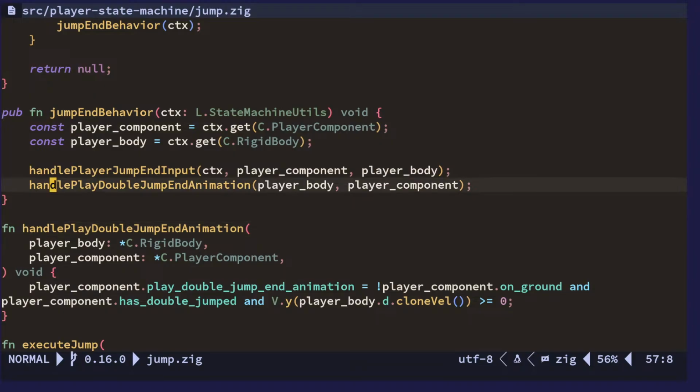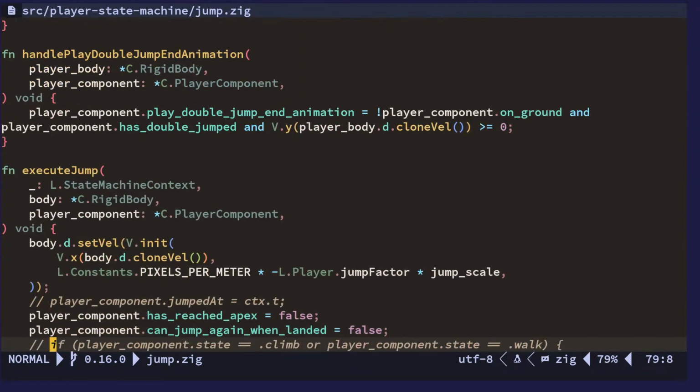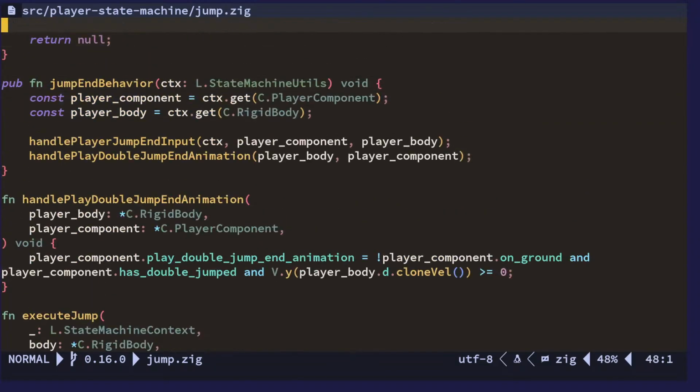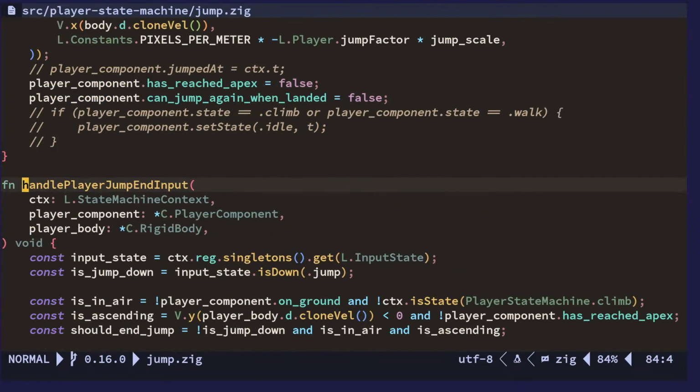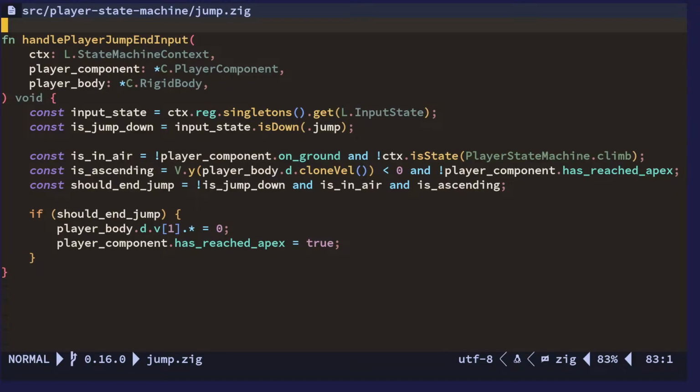Actually, we probably don't want this either. It's more like we just want this, actually.